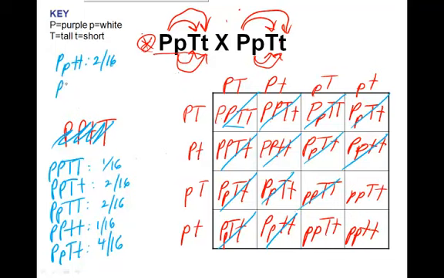Little p, little p, capital T, capital T, 1/16. Then we have little p, little p, capital T, little t, 1, 2, 2/16. And then last but not least, we have little p, little p, t, t, 1 out of 16.